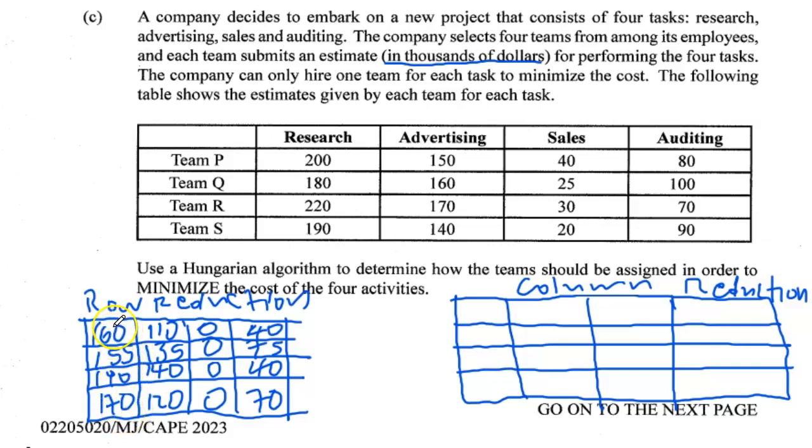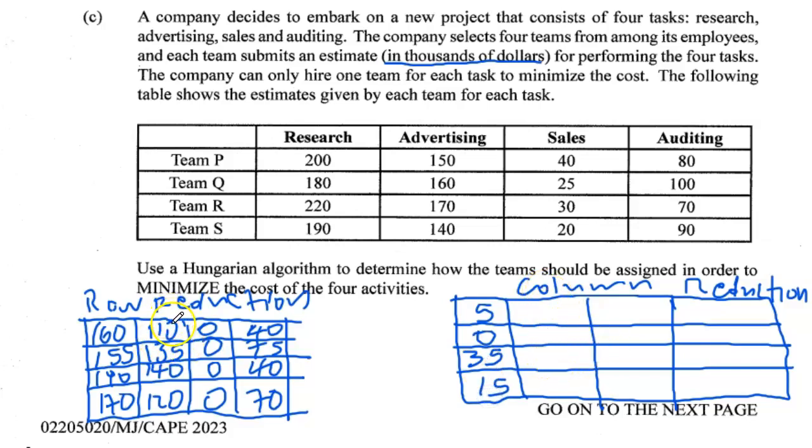So the first one, 160 minus 155, that's 5. 155 minus itself, that's 0. 190 minus 155, that's 35. 170 minus 155, that's 15.